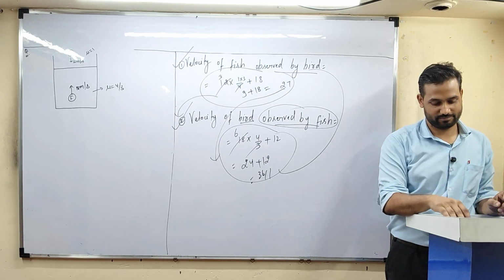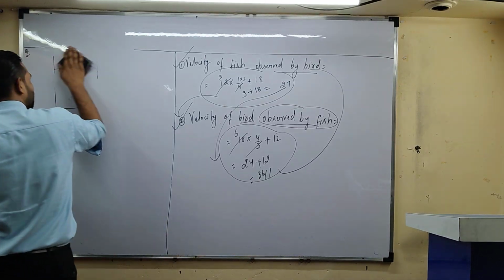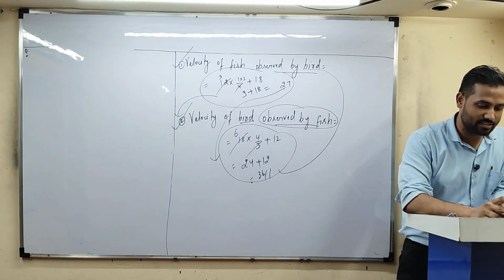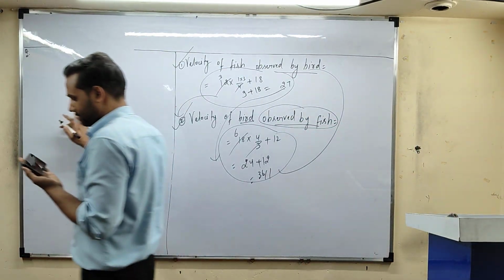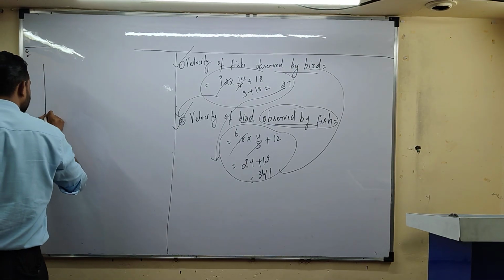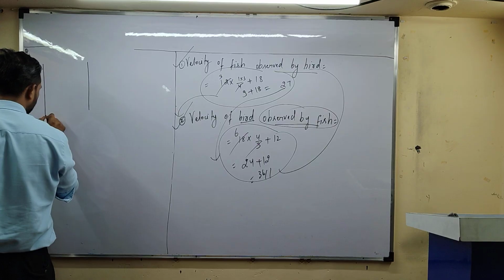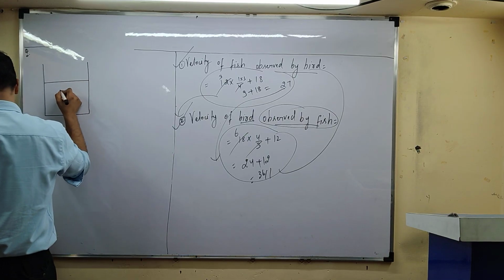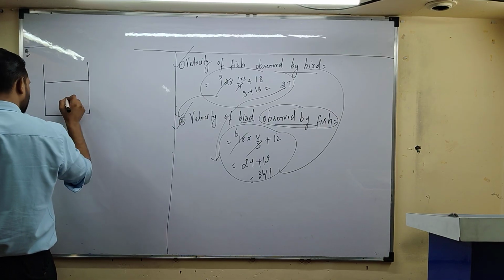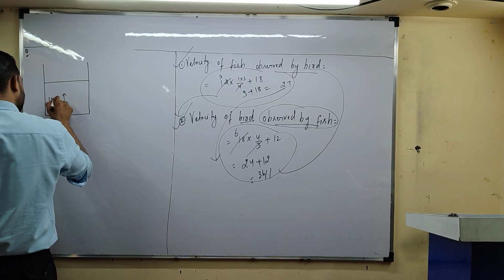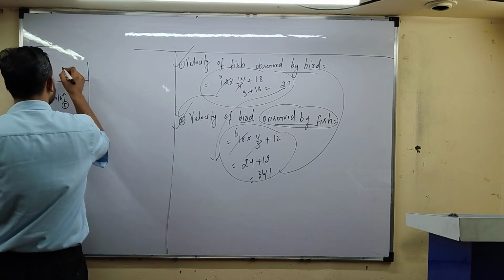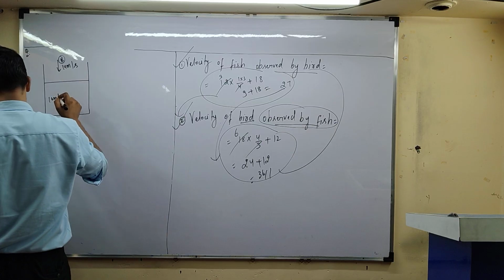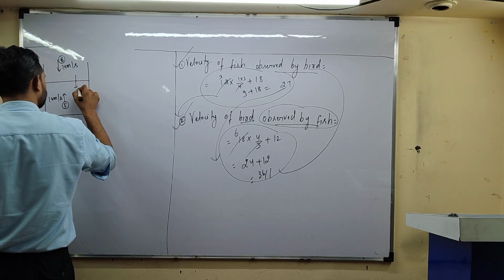Now the next question. Another question. Let's say we have changed the water level. Fish has the velocity 16 meter per second. Bird has the velocity 14 meter per second. And the water level is going down by 2 meter per second.